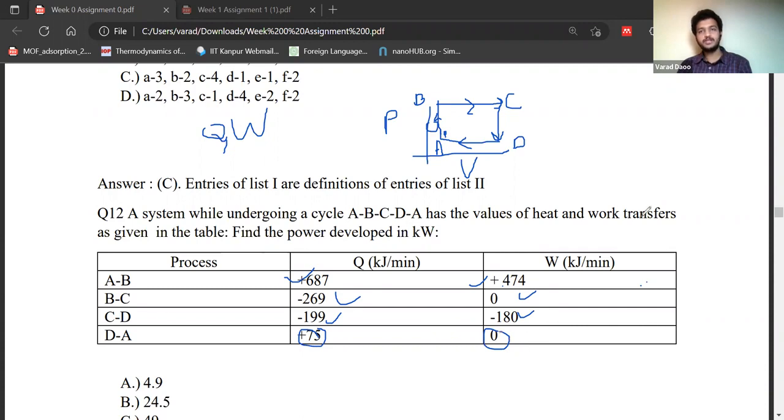And we are asked the power, right? So power will be what? Change in work.